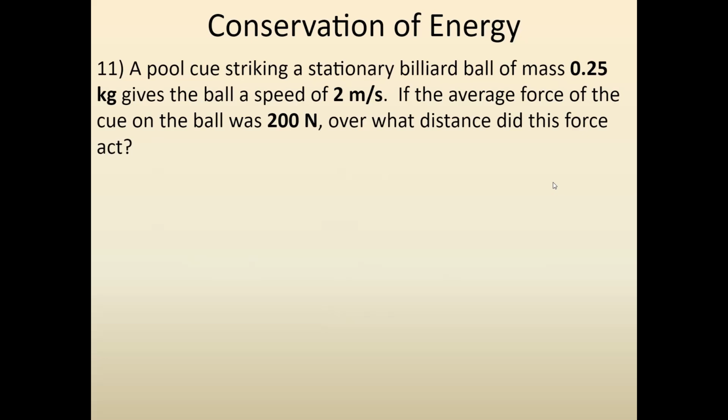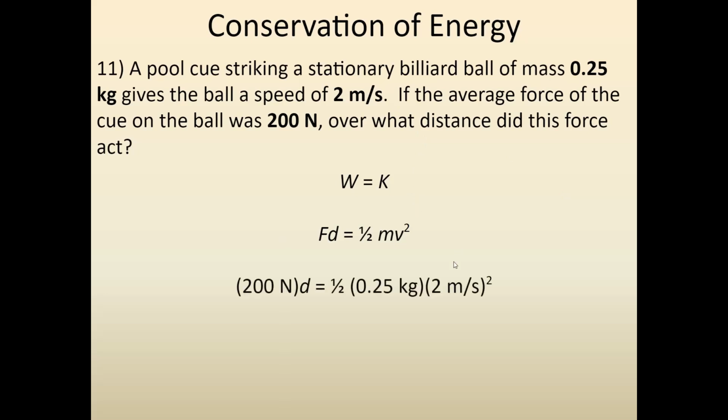And they want to know the distance this force is being acted on. So what I'm going to do is set that work equal to the kinetic energy. So work equals K. The work is going to be replaced with Fd. Kinetic is going to be replaced with 1/2 mv squared. So I'm going to set them equal to each other and solve, plug my numbers in, and I end up getting a displacement of 0.0025 meters.